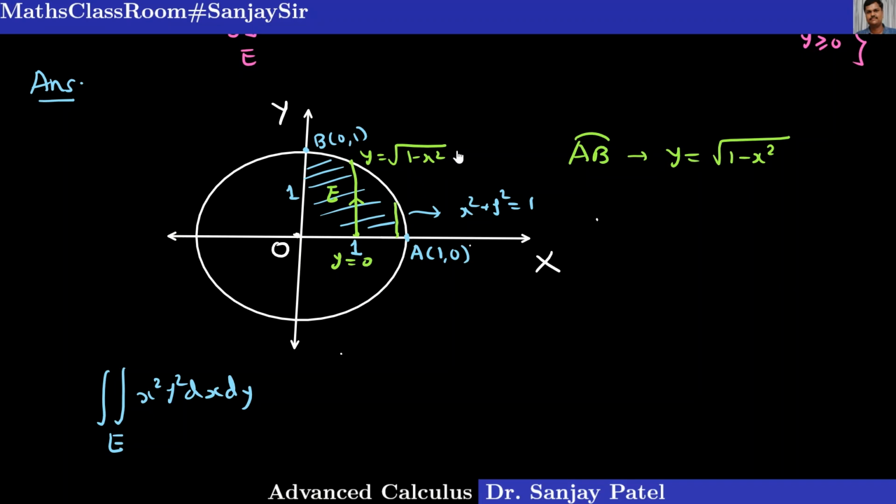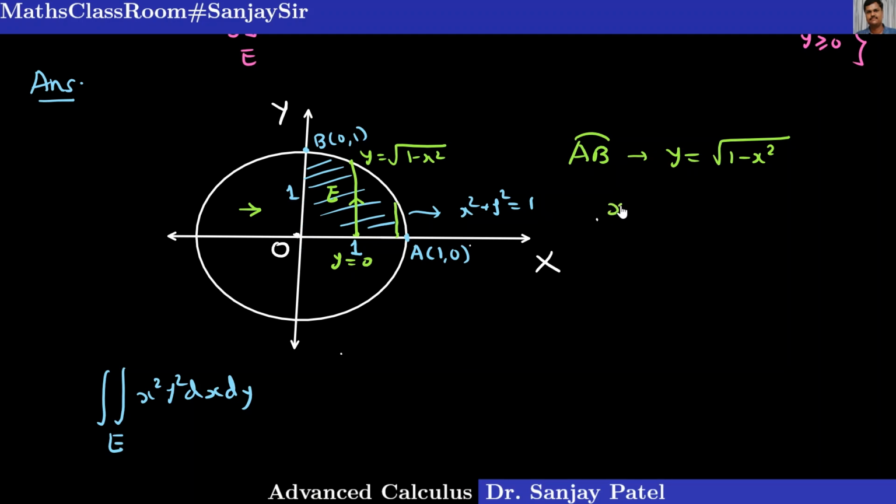To determine the constant limits, we always walk through the region in this direction, from left to right. Whenever we enter the region, what is the minimum value of x? We enter this portion through the y-axis, and on the y-axis the value of x is 0.